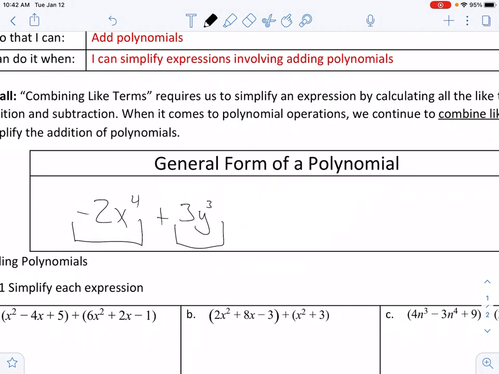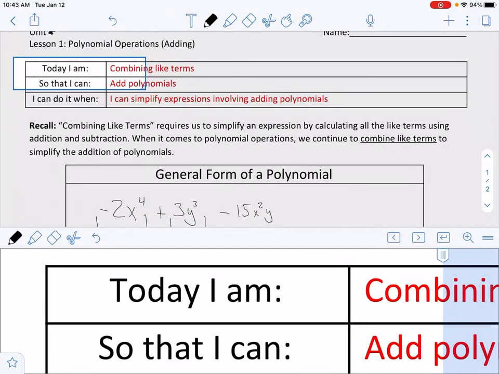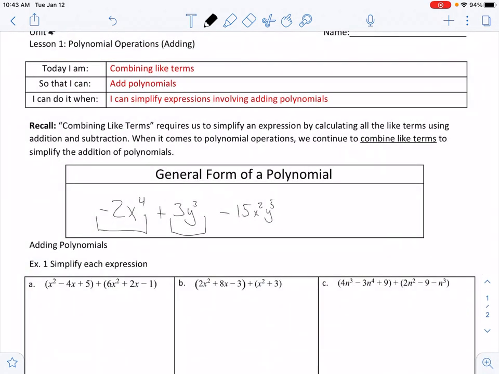That is positive 3y. This is negative 2x. We could have like negative 15x to the second, y to the fifth, and that whole thing itself is a term.